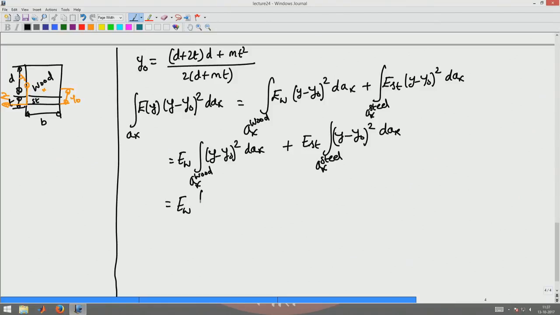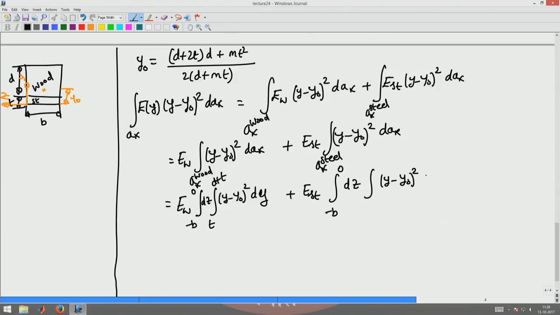So, for A of wood it will be (y minus y naught) whole square dy integrated from t to d plus t and dz integrated from minus b to 0, because that is what the area of wood is, plus E_ST into dz of steel is again minus b to 0 into (y minus y naught) whole square dy integrated from 0 to t.